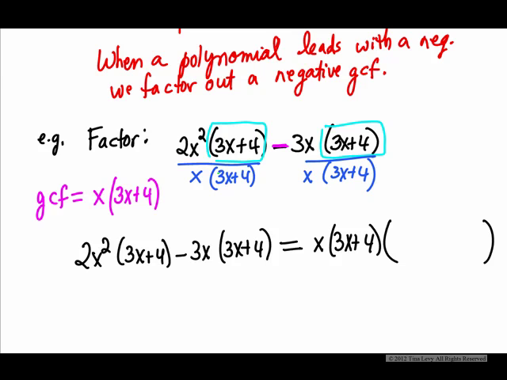Dividing this, the x cancels with the x squared. I have 2 in the x, and the 3x plus 4 divides evenly and cancels there. So in here, I've got 2x. And now the x cancels with the x. 3x plus 4 cancels, and I've got minus 3.